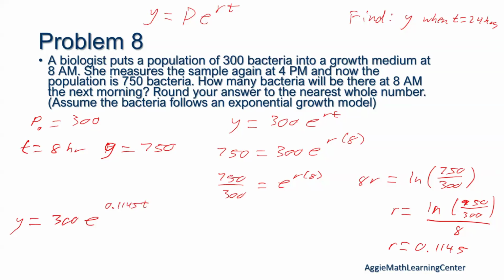Now, we want to find y when t equals 24 hours. So we can plug in 24 for t and get an answer for y. You'd say y equals 300 e to the 0.1145 times 24, and that would equal 4,688.